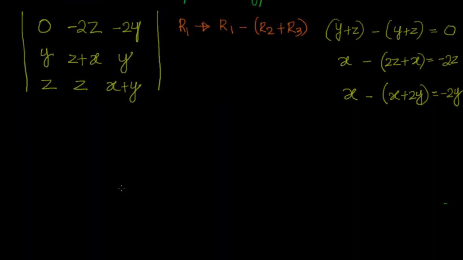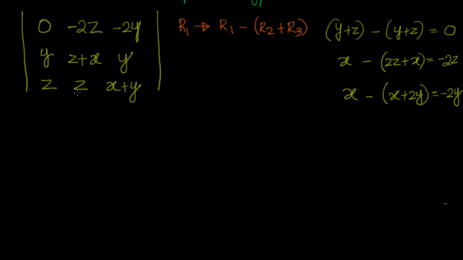Right. Now you can see that minus 2 you can take common. If I take 2 common, I'll have minus z, and there is z. That means if I add them, in the third row I will get 0 in the second column.